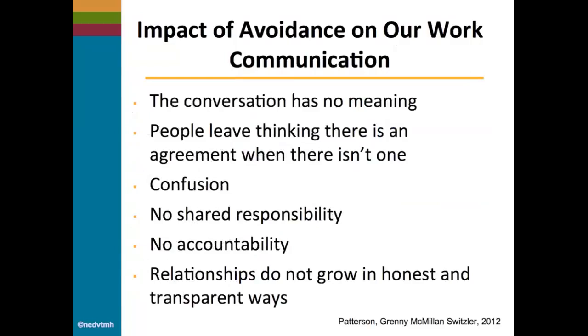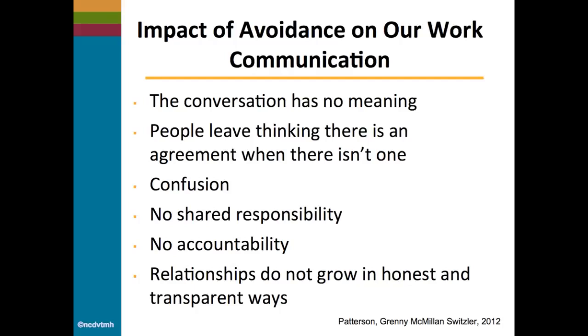The impact of avoidance is that many of our conversations have no meaning. The problem with that is that some folks think there's great meaning and some folks know that there isn't, but we're not talking about that. So the lack of meaning, or differences in meaning, is underneath, and it's not a transparent conversation. And as I said, people think there's an agreement and then there isn't one.